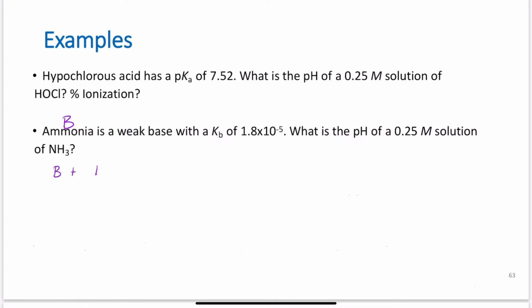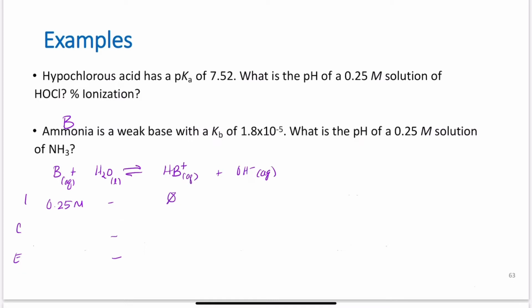So B plus water is going to form a conjugate acid, HB plus, and OH minus. It is a base, so hydroxide is being formed in solution. Initially, I have a 0.25 molar solution of ammonia.